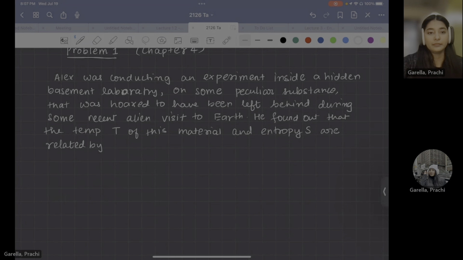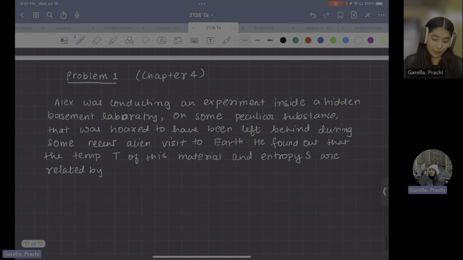Okay. So problem 1 is from chapter 4. Alex was conducting an experiment inside a hidden basement laboratory on some peculiar substance that was hoaxed to have been left behind during some recent alien visit to Earth.